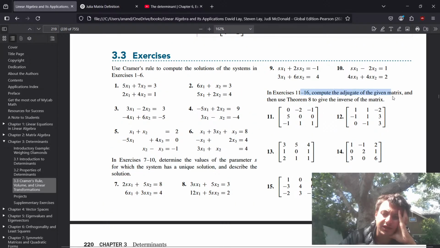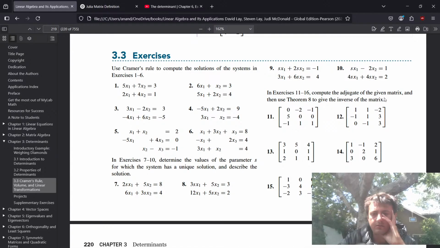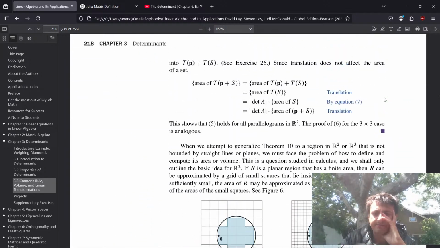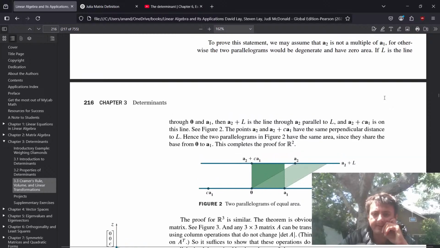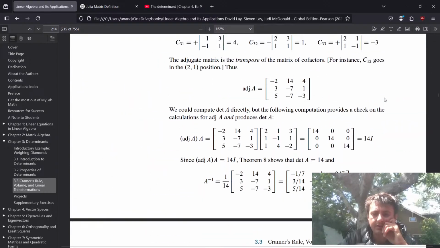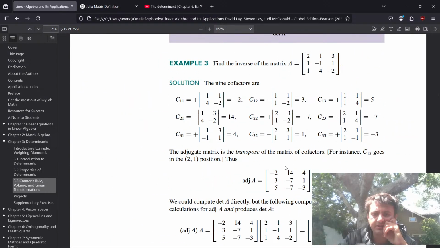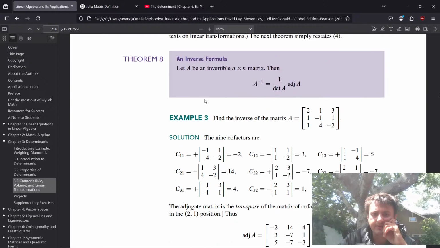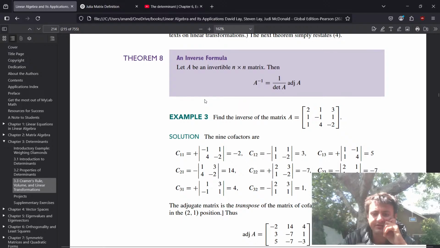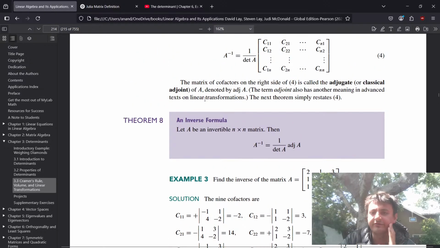Compute the adjugate. Okay, so the adjugate. What is the adjugate again? The adjugate is you just take the cofactors of every element.